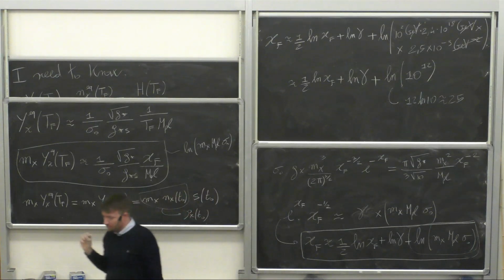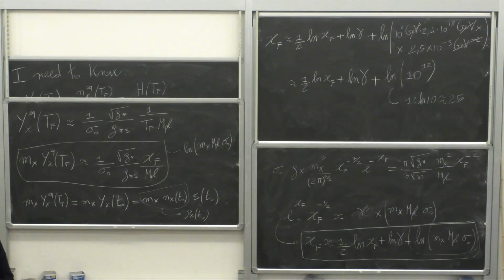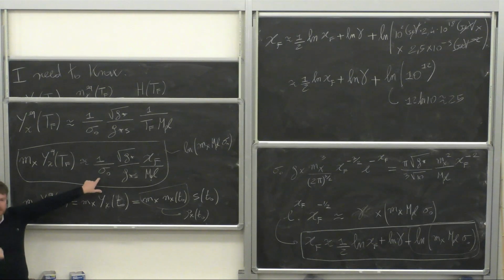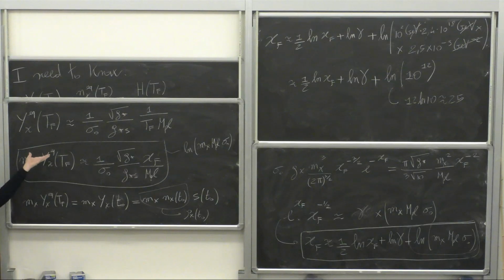And if you assume that this particle exists and they thermalize, they need to interact strongly enough to make sure that you do not overproduce dark matter. If you make this sigma 0 small, then this quantity maybe goes above the observed value. Okay, so there is a minimal interaction strength that is needed in order to not overproduce the dark matter.